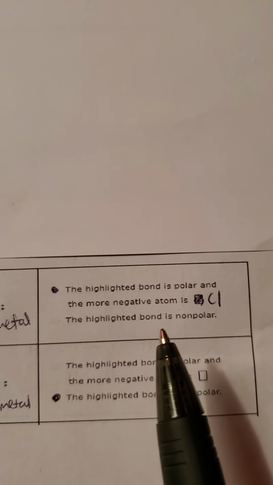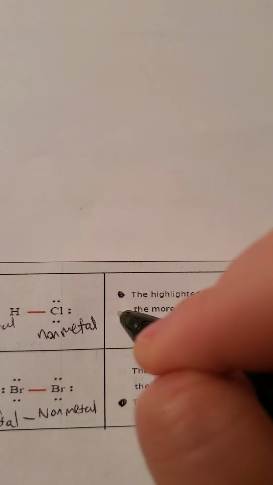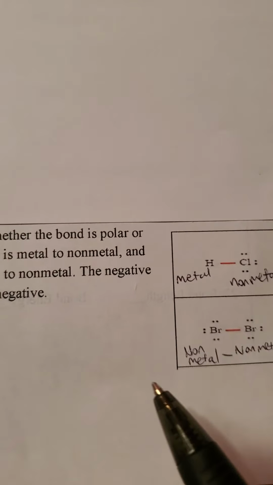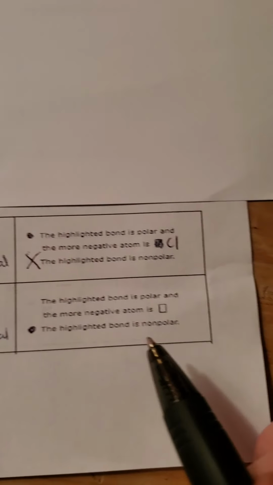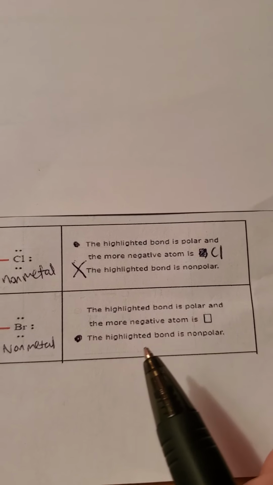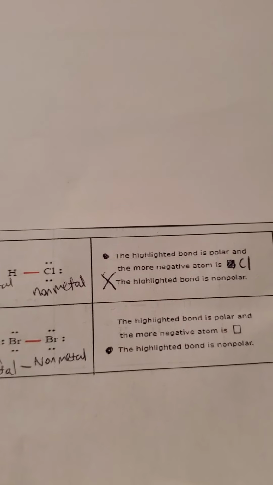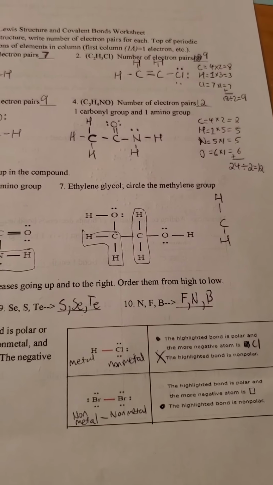And the highlighted bond is not nonpolar, so we know it can't be this one or that one, because it's not nonpolar. And then for this one, it's nonmetal to nonmetal, so we don't even have to worry about most negative, it's just nonpolar. Okay, so hopefully that makes sense. On to the back page, because there's always more in store.